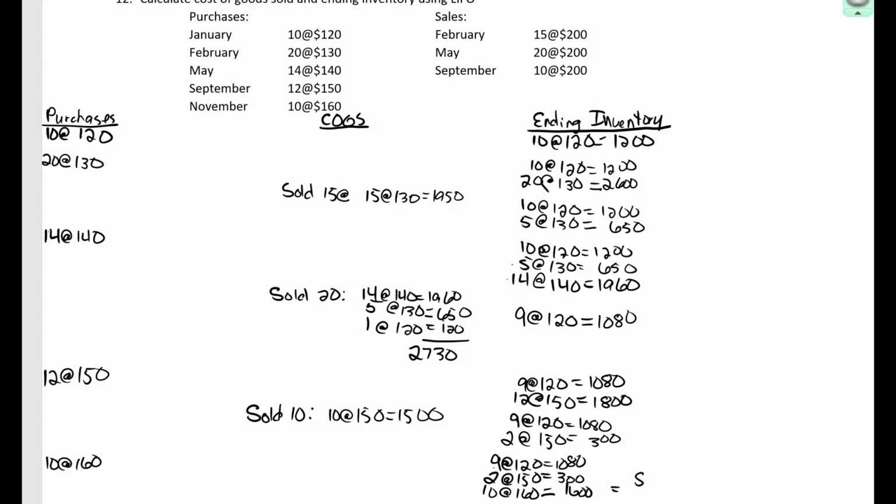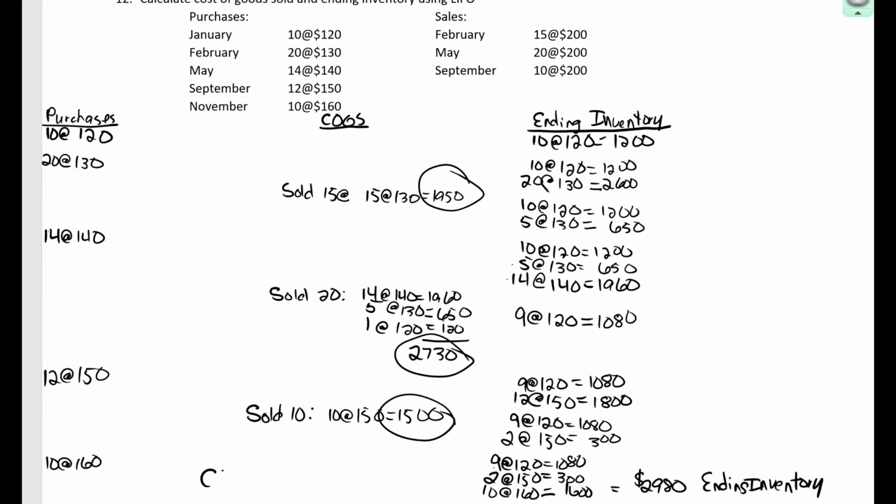And all of those added up is $2,980. That is our ending inventory. And then our cost of goods sold, take the $1,950, the $2,730, and the $1,500.